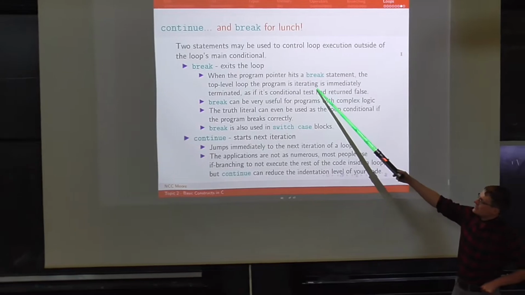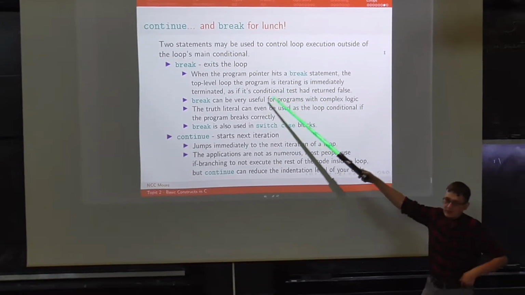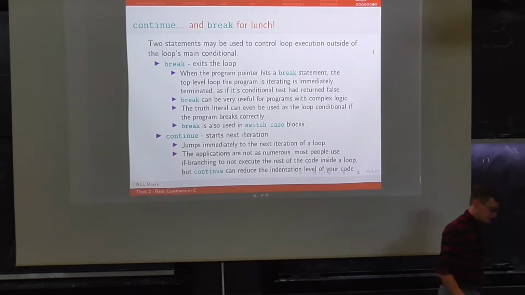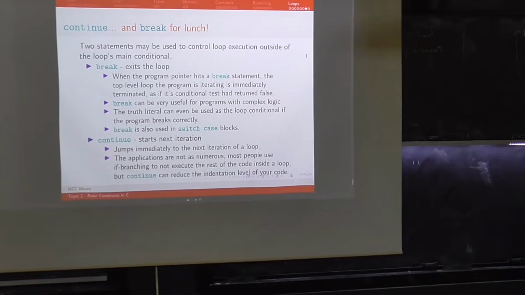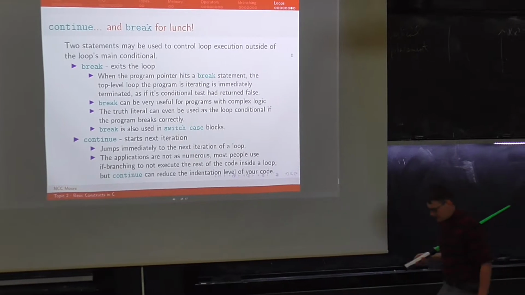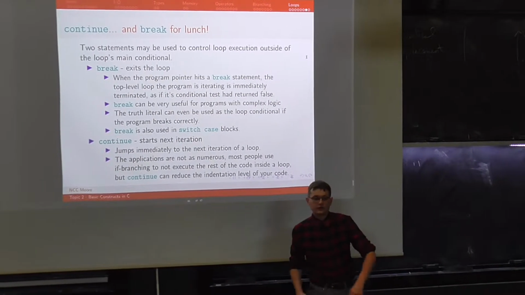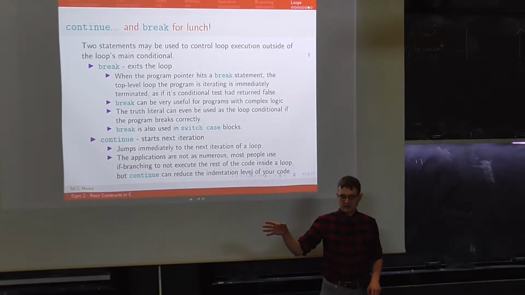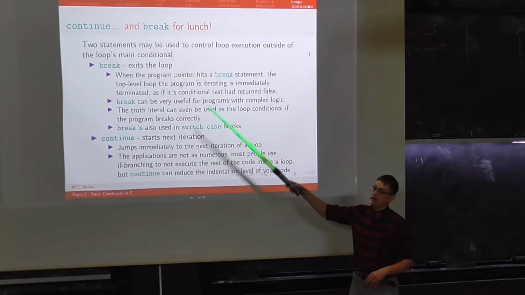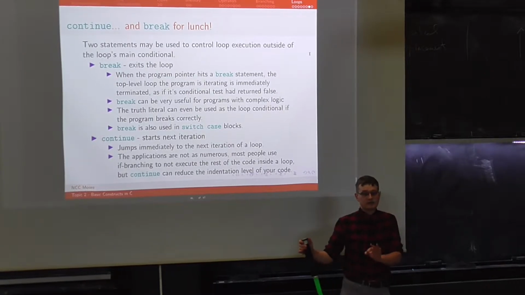So, break statements break you out of the loop that you're in. They jump immediately to the termination point of the loop, right? So, it's actually absolutely fine for you to write an infinite loop, like while 1 equals 1, so long as you're breaking out of it properly.